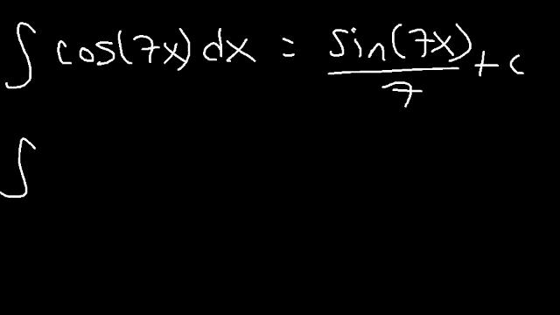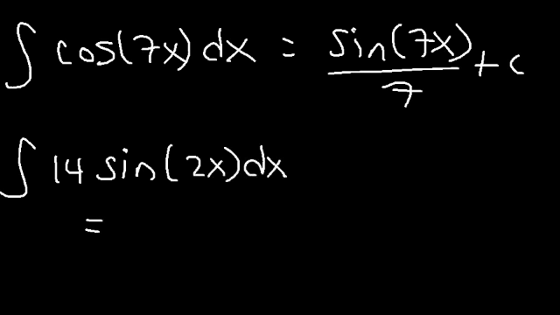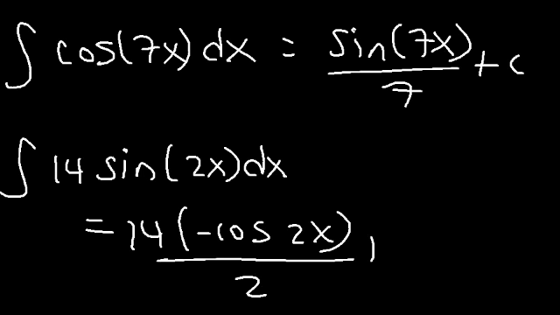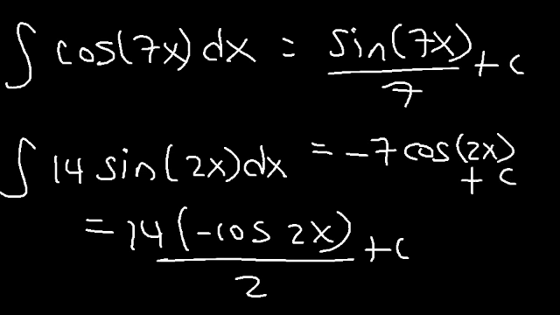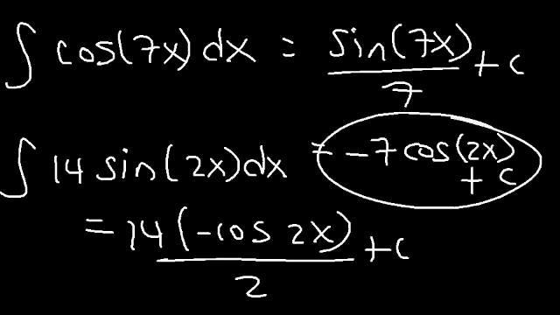Now what is the antiderivative of 14 sine 2x? So this is just going to be 14. The antiderivative of sine is negative cosine 2x, but divided by 2. So we can reduce that to negative 7 cosine 2x plus c. 14 divided by 2 is 7.